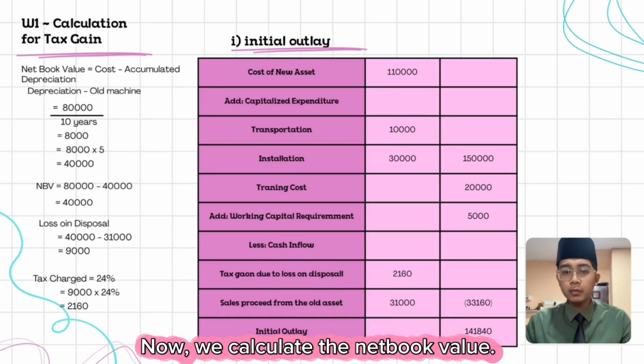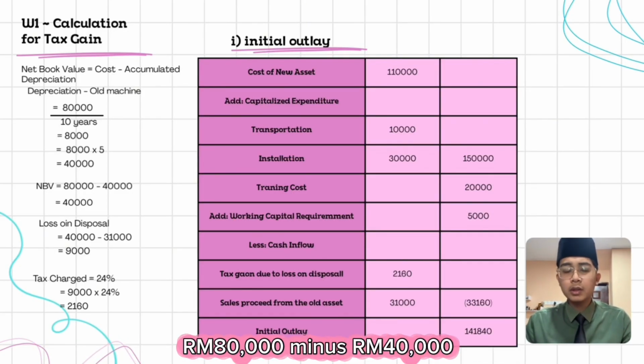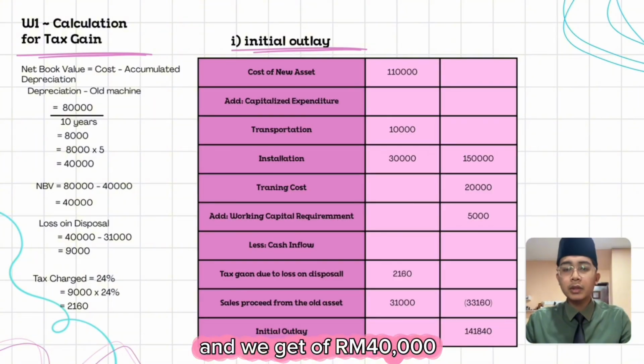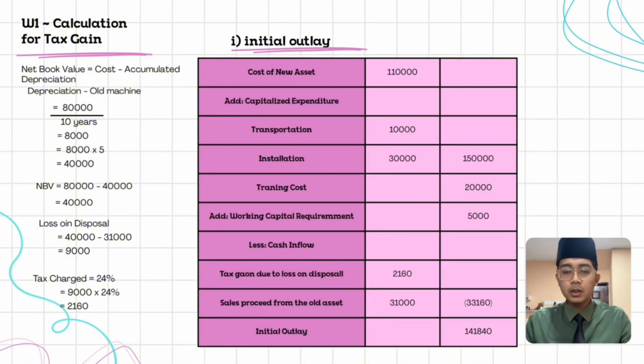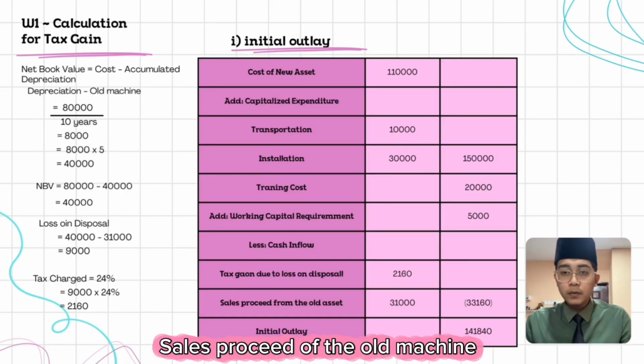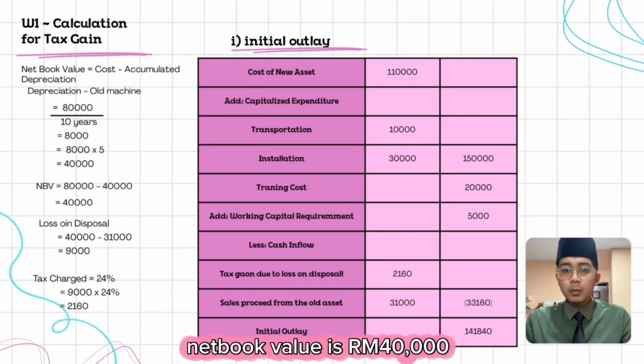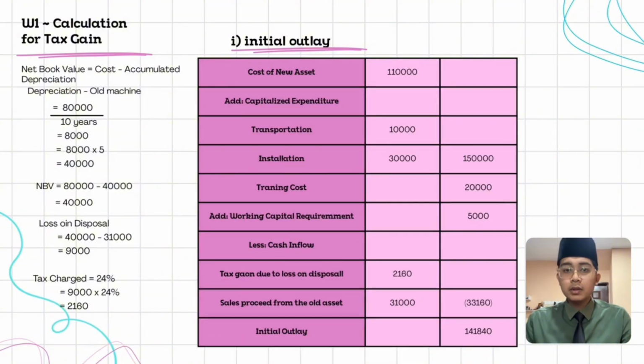Now we calculate the net book value. Remember, cost minus accumulated depreciation: Rm80,000 minus 40,000, and we get Rm40,000. Next, we compare the net book value with the sales proceeds. Sales proceeds of the old machine is Rm31,000. Net book value is Rm40,000.